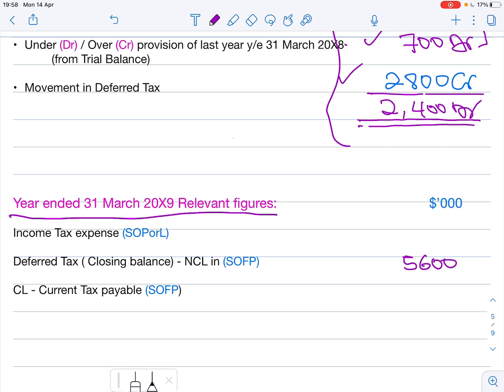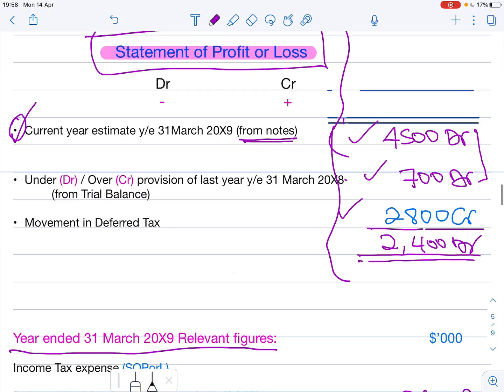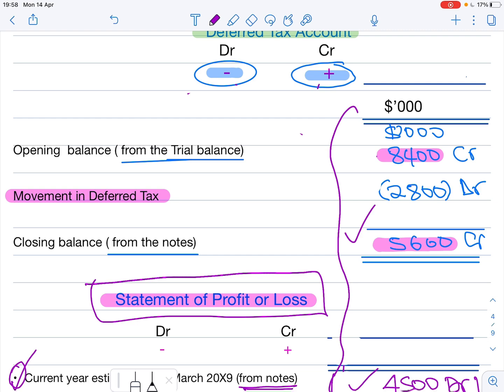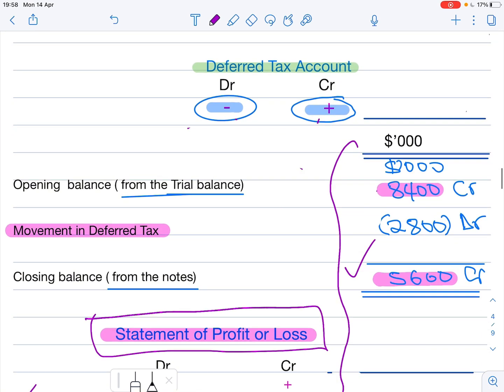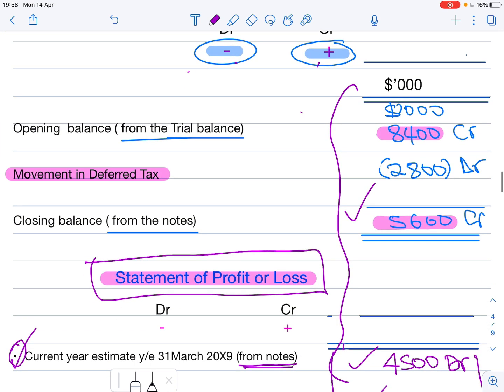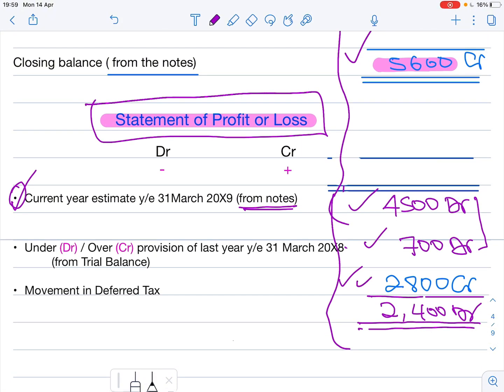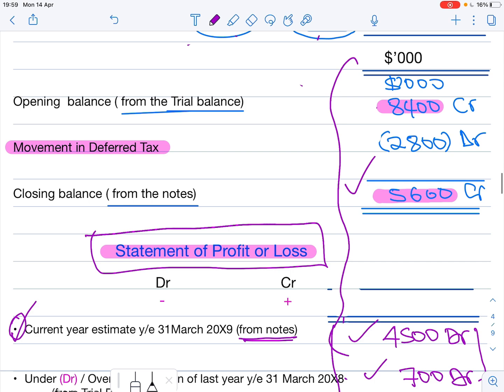And for every liability in the liability account, there must be a credit. So this is 5.6 credits. What else do we have in the deferred tax account? The 28, which is a negative figure, we already have in the statement of profit or loss, so it's not relevant again. The only thing that is relevant in the deferred tax account is the closing balance.